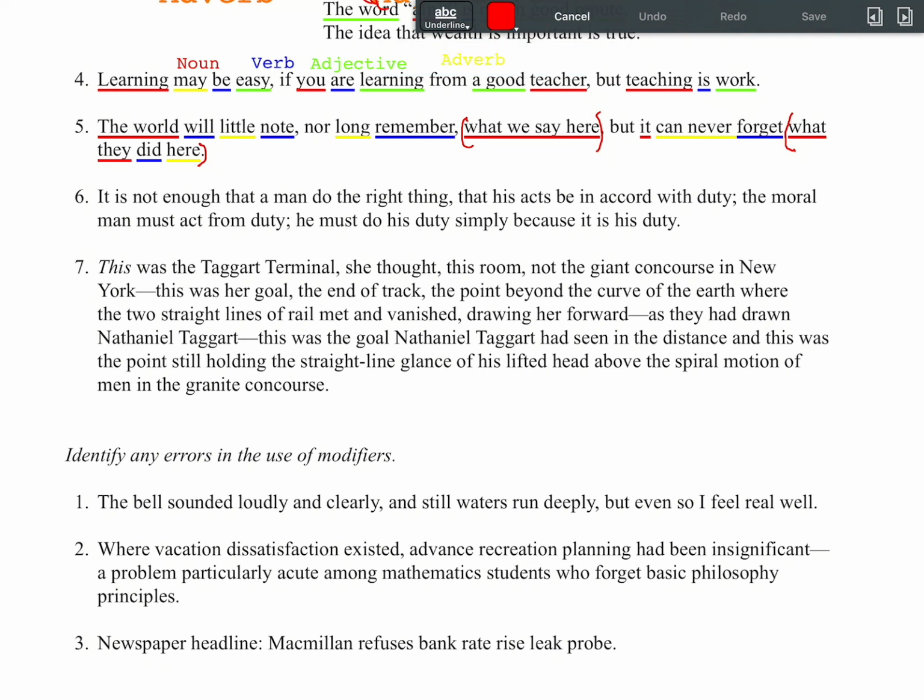So I will just start marking some nouns, I guess. Like "Taggart Terminal" is a noun. This was the Taggart Terminal. Wait, maybe "Taggart Terminal" is an adjective because it's telling us about this.